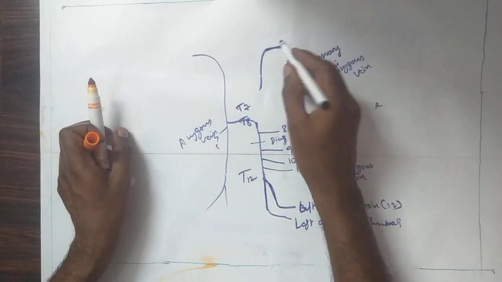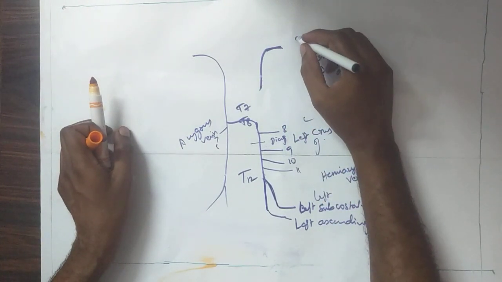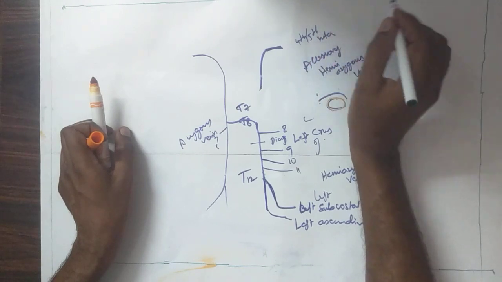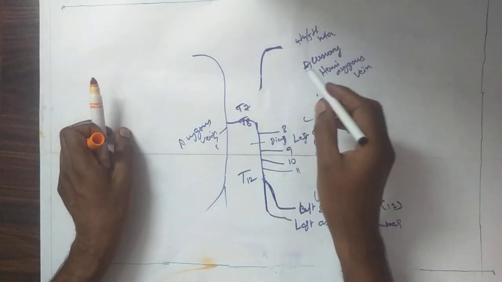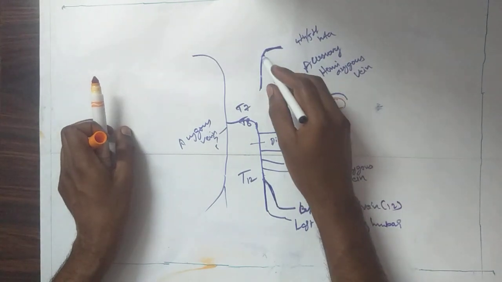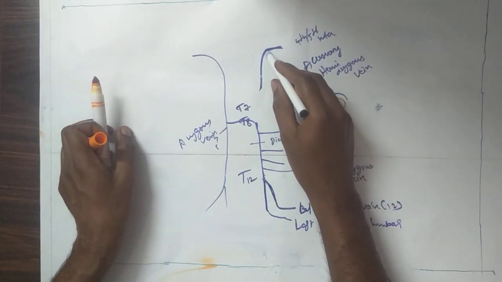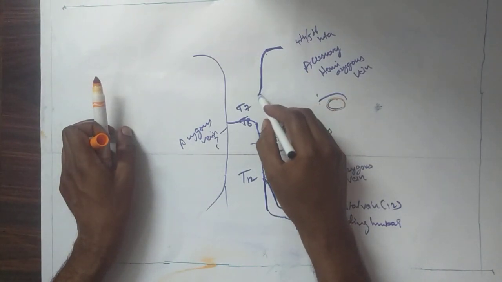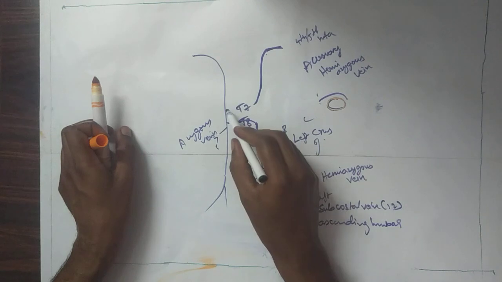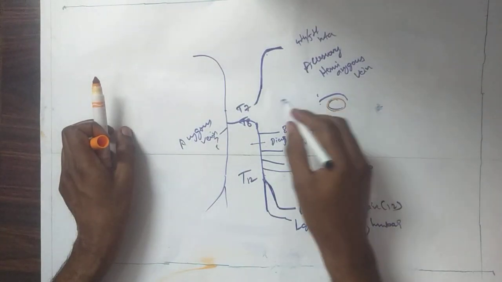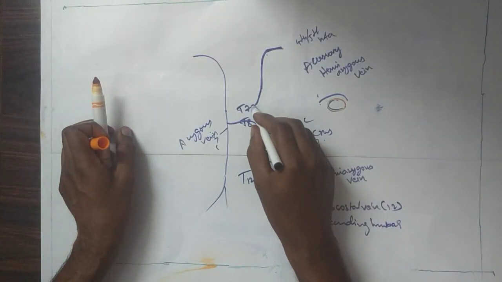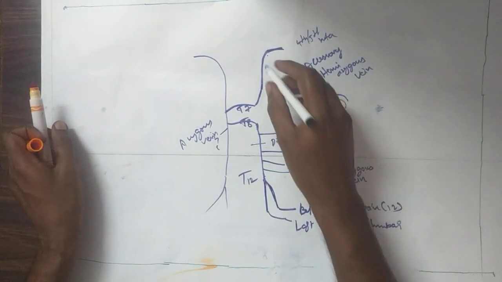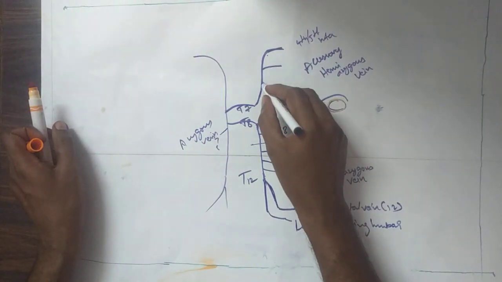Then accessory hemiazygos, as I said, it's related with your 4th or 5th intercostal space. So this will be medial side of the posterior intercostal space. Then this is also coming downwards at the level of 7th thoracic vertebrae. Same thing, it's crossing from the left to the right anterior to the vertebra and draining into the azygos vein.